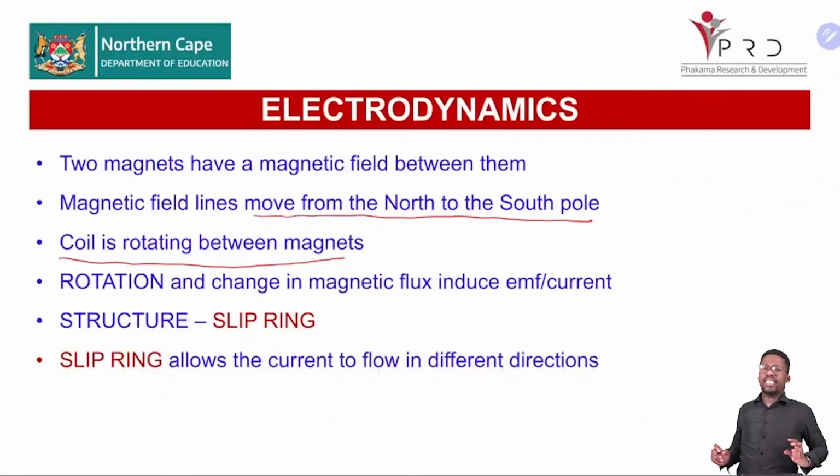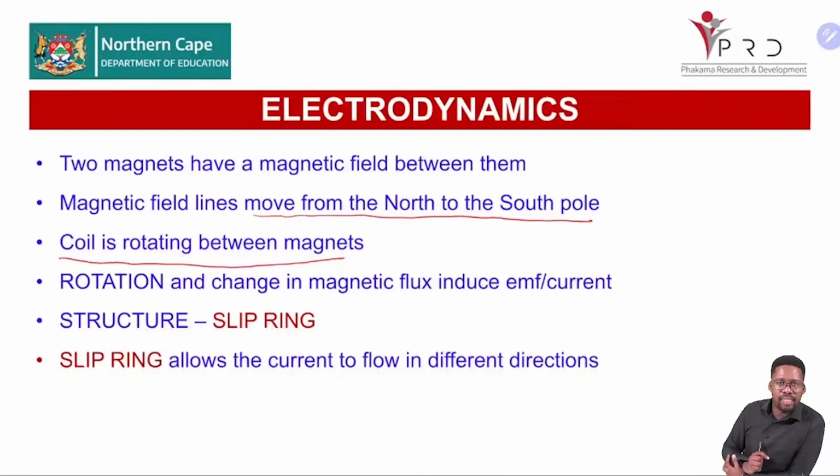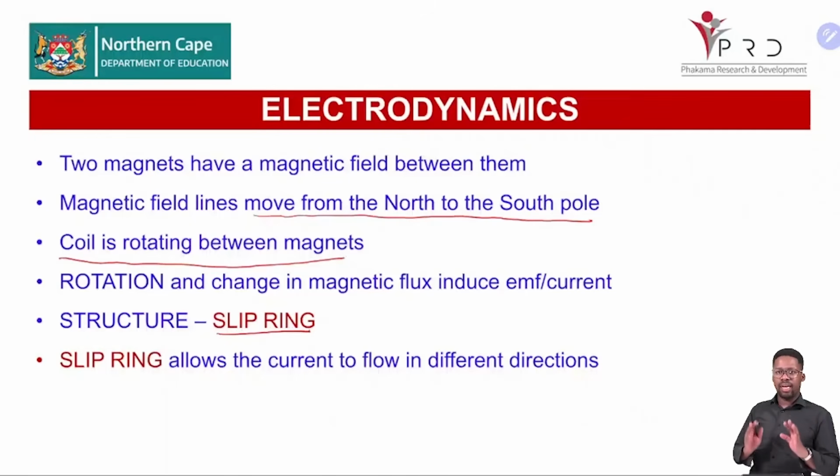Now, what makes a generator AC? What makes a generator AC is only one component. And the name of that component is the slip ring. It is a complete ring. The function of the slip ring is to allow the current to flow in different directions.